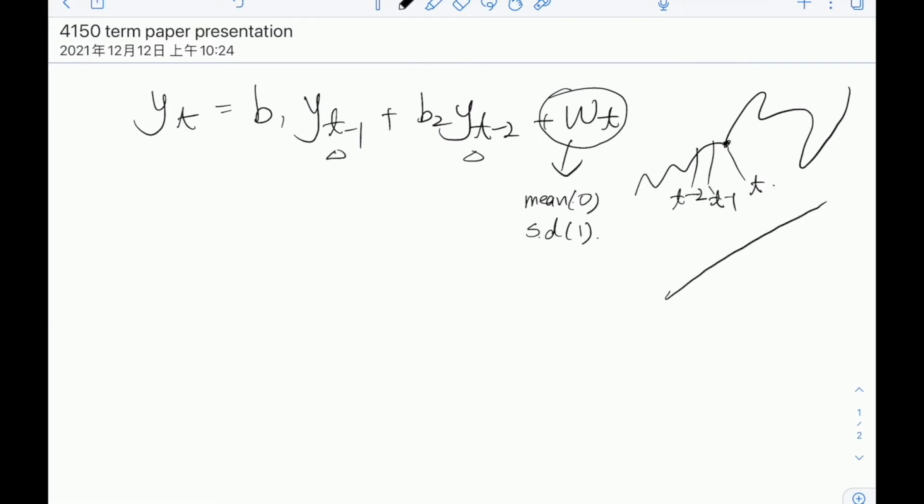Okay, so a picture for this, we can find the lag. We calculate the expectation of this function, and we can get that expectation.